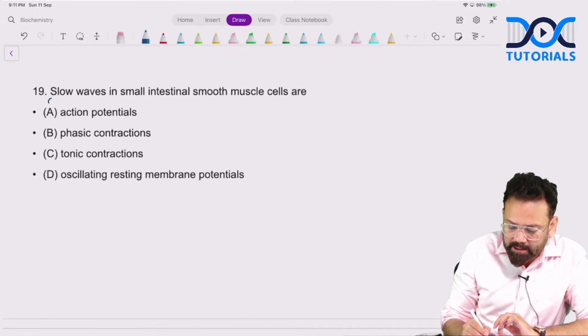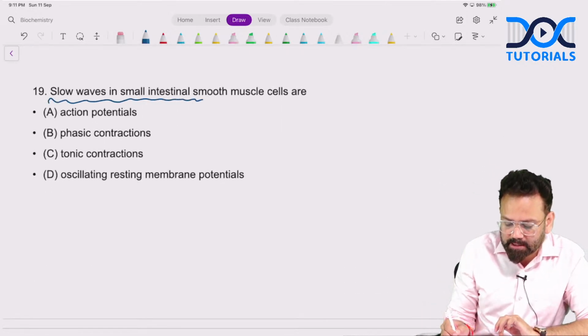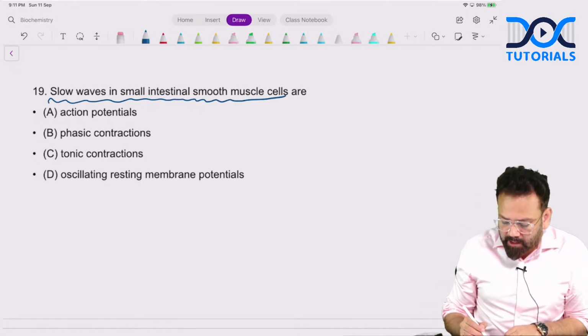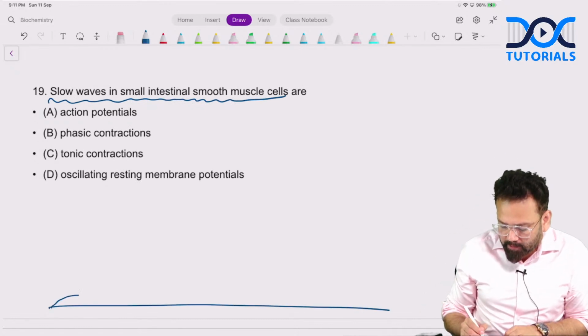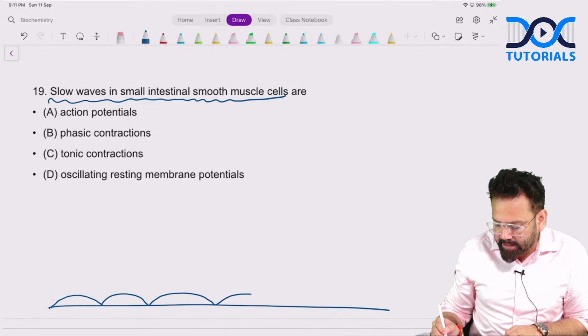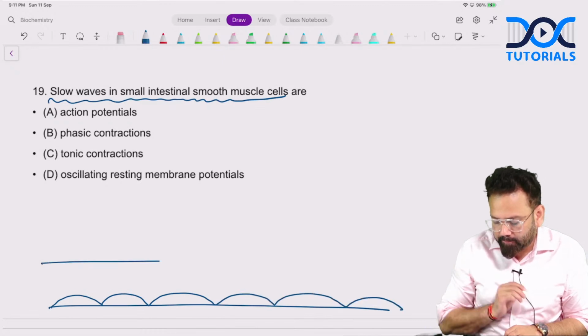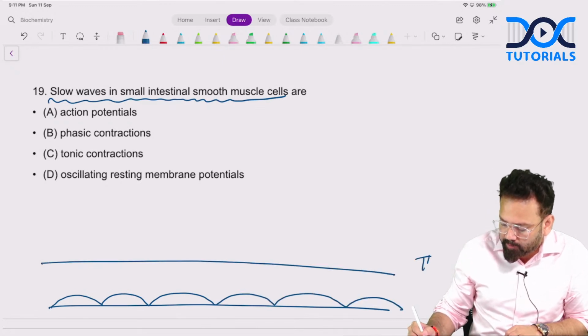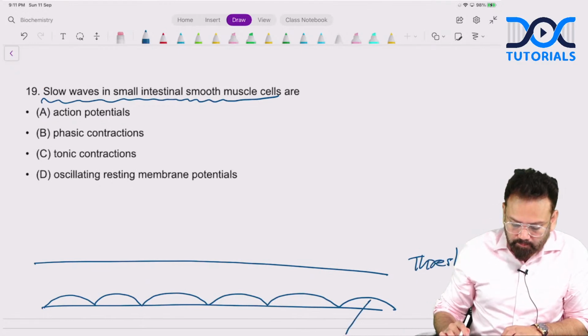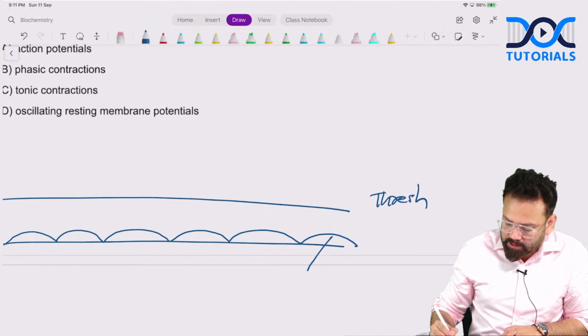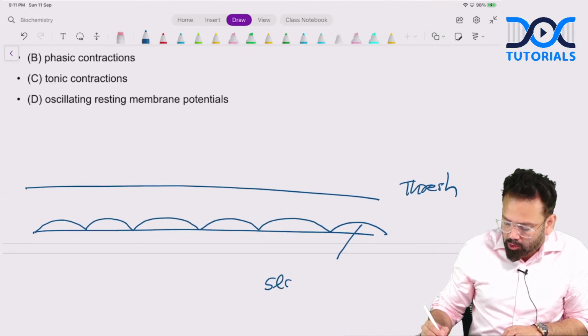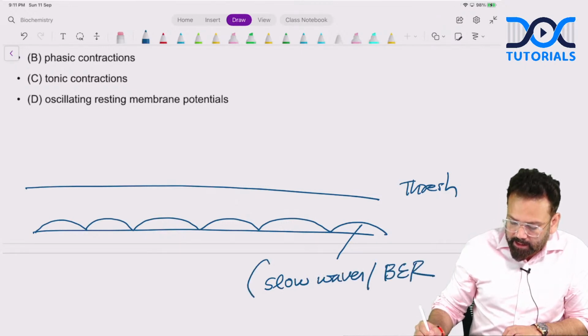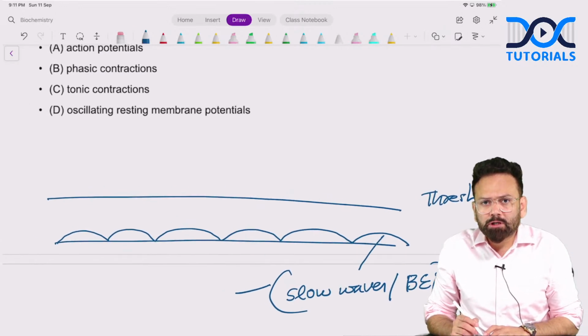Slow waves in small intestinal smooth muscles are what? What are the slow waves? If you remember the diagram, these are your slow waves or basic electric rhythm. This is your threshold. This is your slow wave. These are slow waves, also called basic electric rhythm, and these are generated by, who is the pacemaker of slow waves?